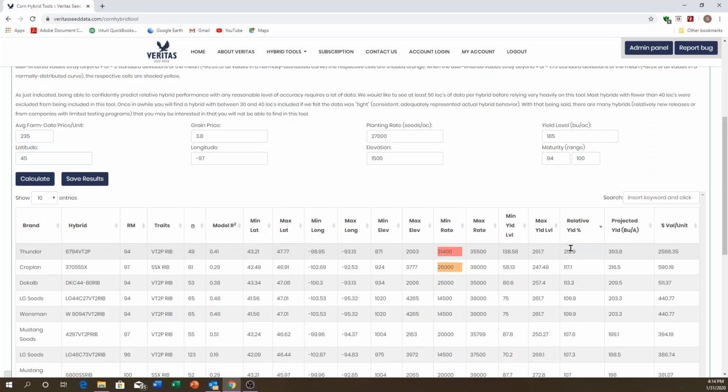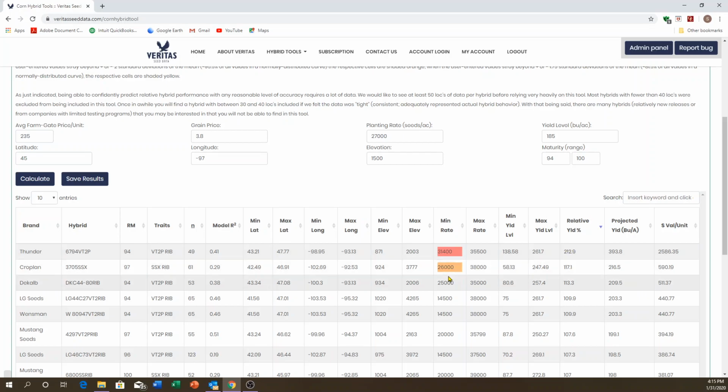When we're outside of the actual data set and into the land of extrapolation, these algorithms, these predictive models, can get really wonky really fast. And so when you're outside of the lines, I would not give any credence to this value whatsoever.